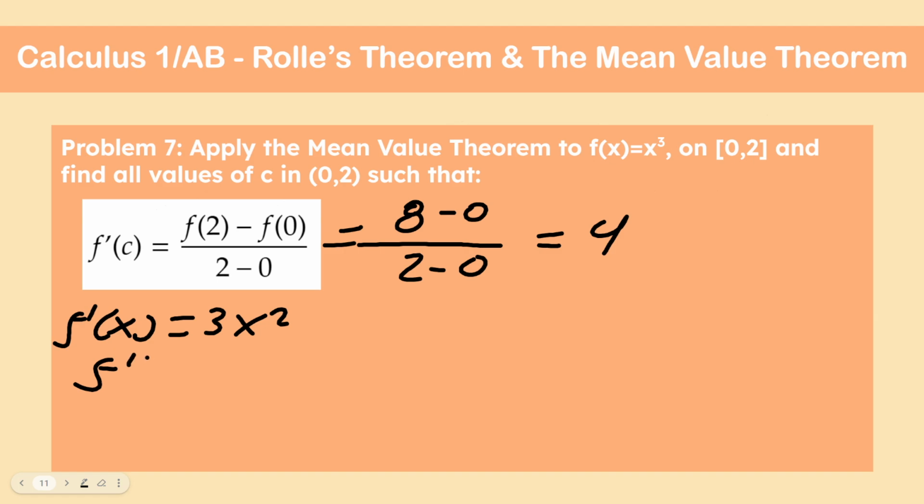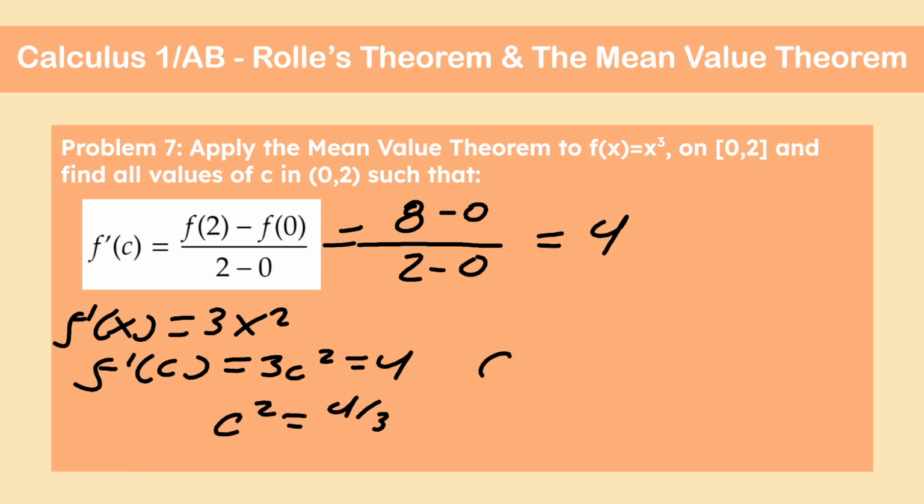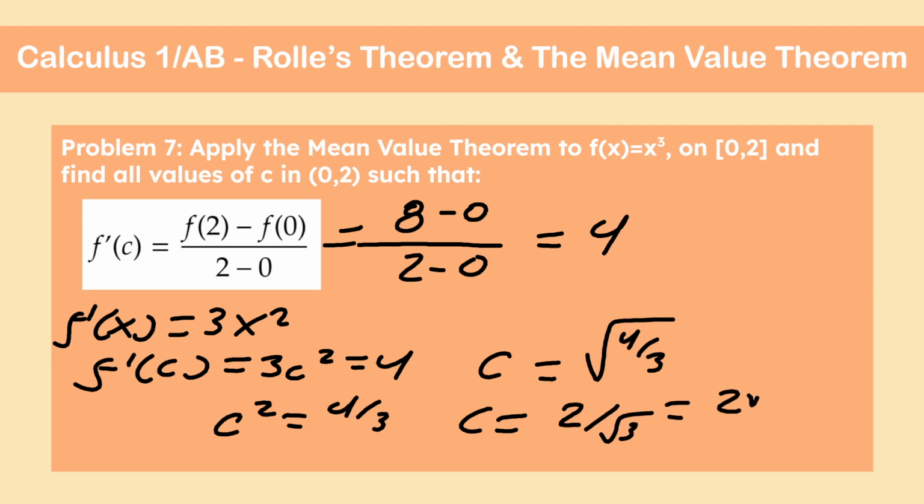And we get that f'(c) is equal to 3c^2, and that's equal to 4. So now when we solve for c, we get that c^2 is equal to 4/3, and that c is equal to the square root of 4/3, or 2 over the square root of 3, or if you rationalize it, 2 square root of 3 over 3.